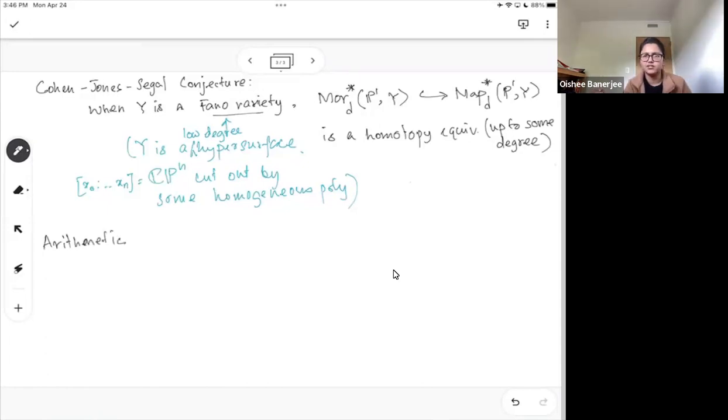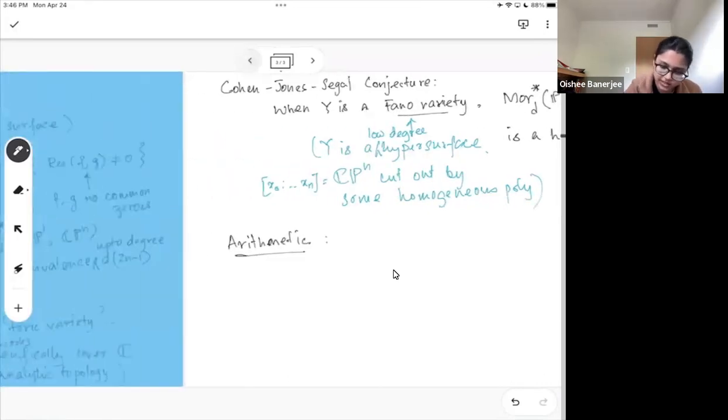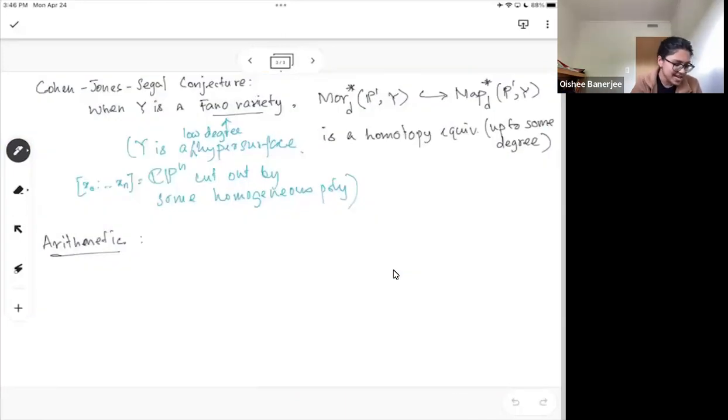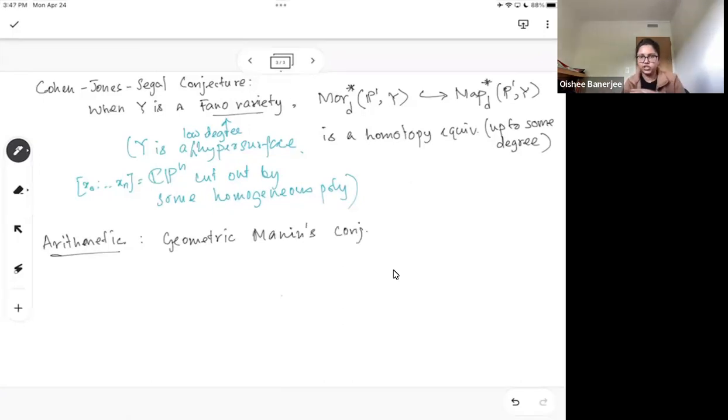any questions or comments so far? Okay, so on the arithmetic side, there is this thing called geometric Manin's conjecture, and I won't state the conjecture in full generality, but I'll say what motivates things.